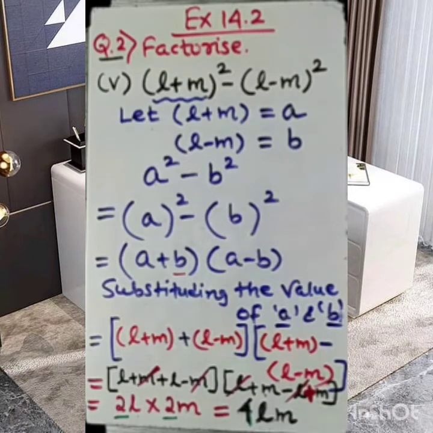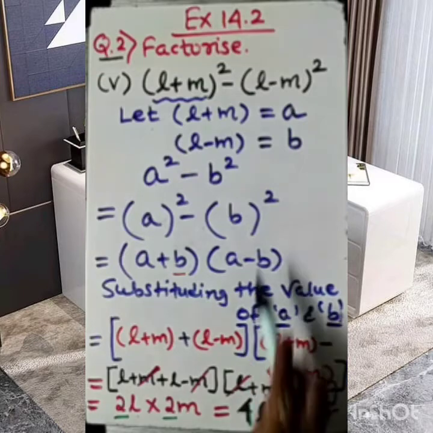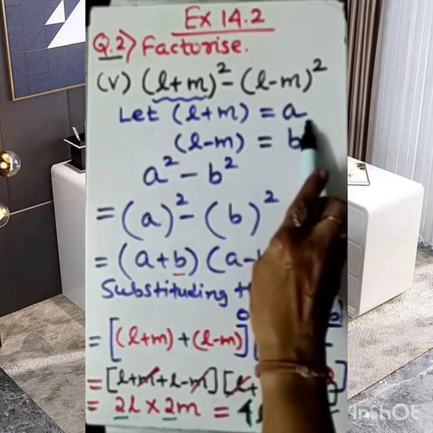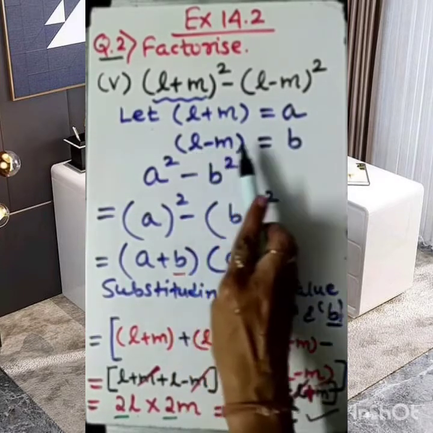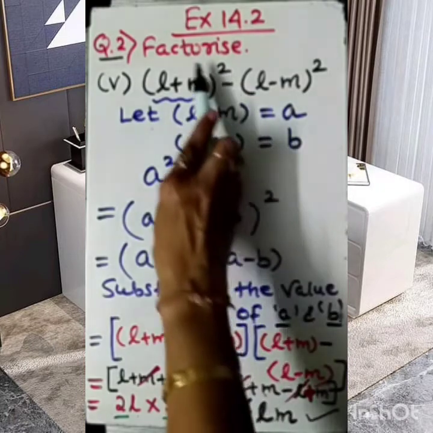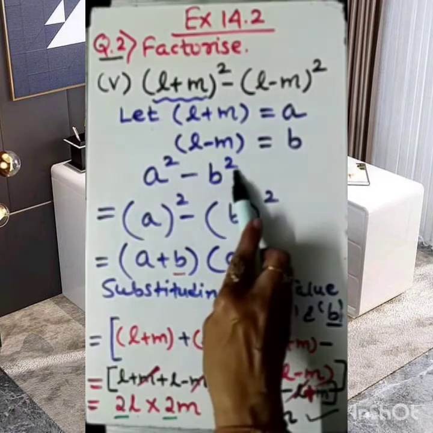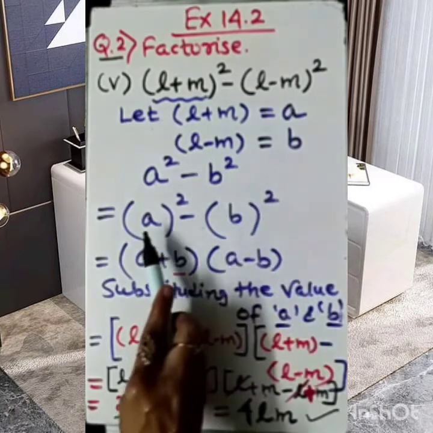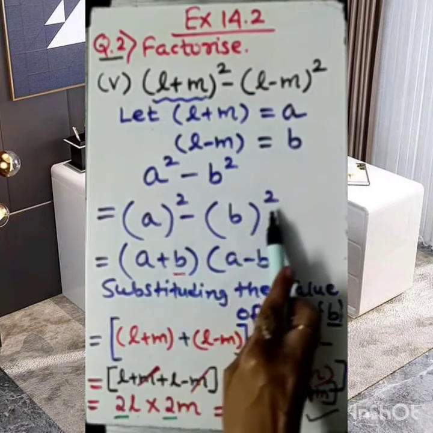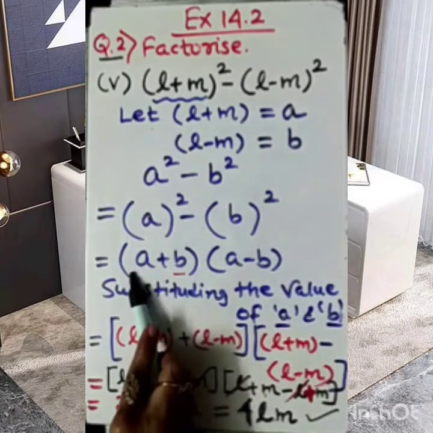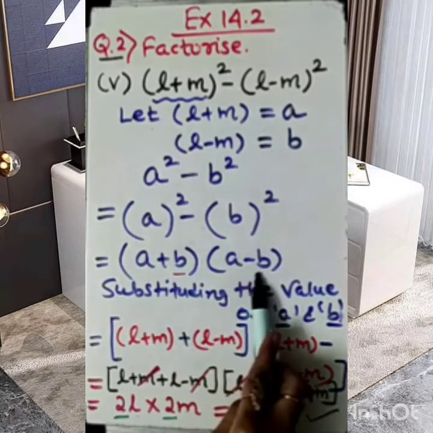Now our work will become easy if we assume L plus M equal to A and L minus M equal to B. So this full term will become A square minus B square. Applying the third identity, we know A square minus B square is (A plus B)(A minus B).